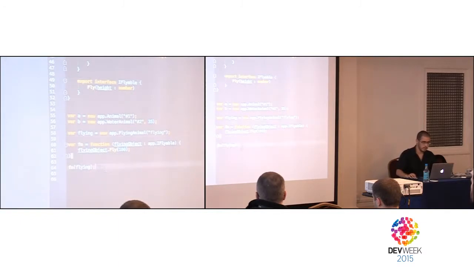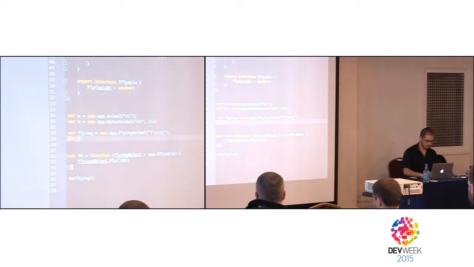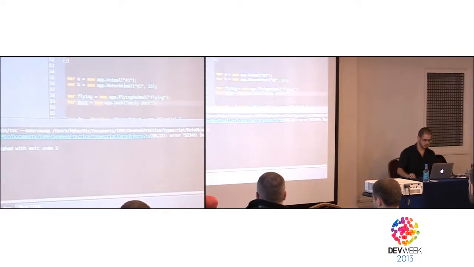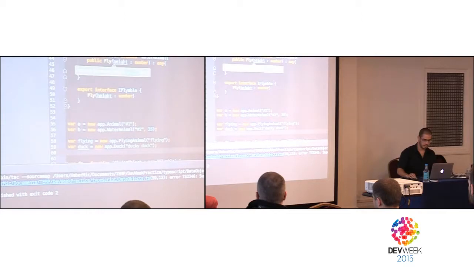Great. So now I'm going to create an instance of a duck: var duck = new app.duck, and the duck needs to get the ducky duck. Why is that? Because I am inheriting from water animal, and the water animal should get the number.